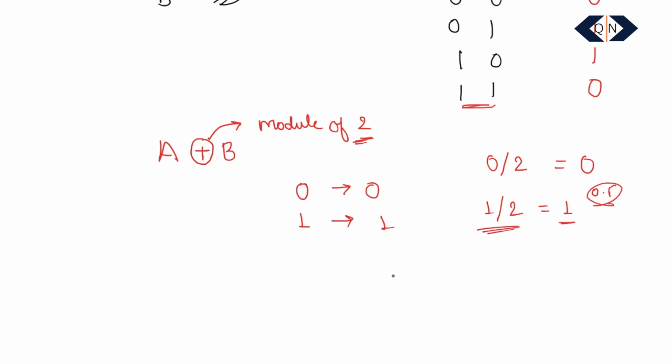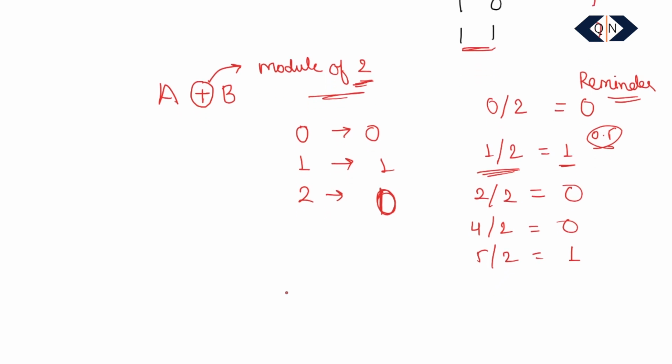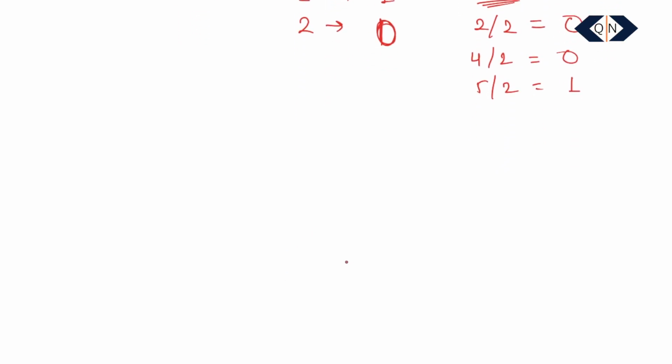For 2, the modulo of 2 will be 0, not 1, because 2 divided by 2 leaves no remainder. These are all remainders. So 2 divided by 2 gives remainder 0, 4 divided by 2 gives 0, and 5 divided by 2 gives 1. So this is how our XOR gate works.